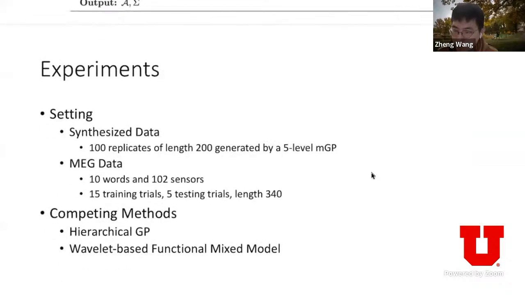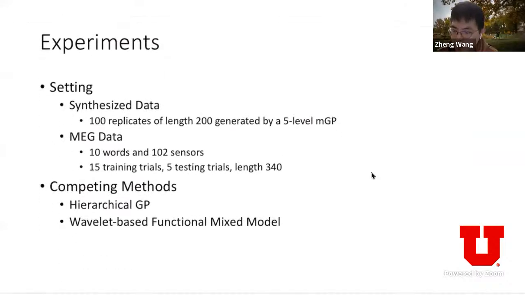And for the experiments, they just did two. One is on synthesized data, which is generated by its own model, a 5-level multi-resolution Gaussian process. They just generate 100 trials here, and each trial is 200 points.